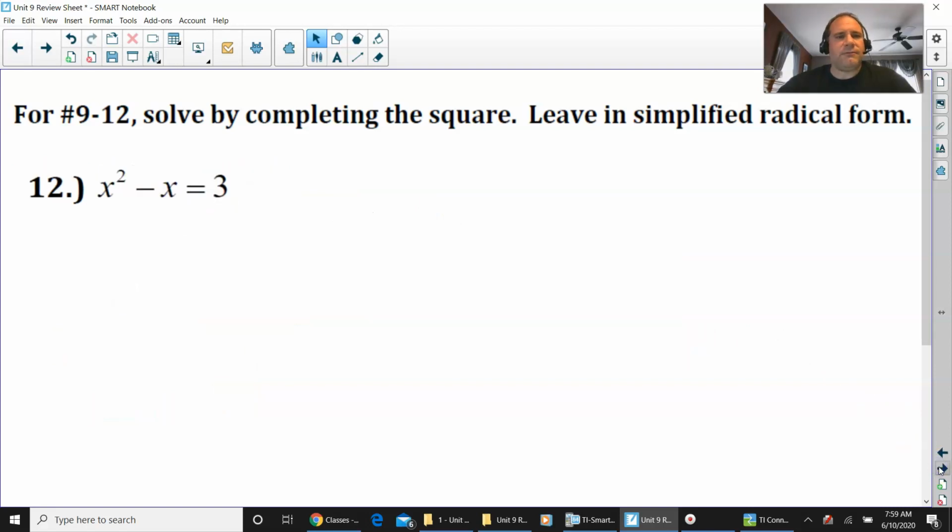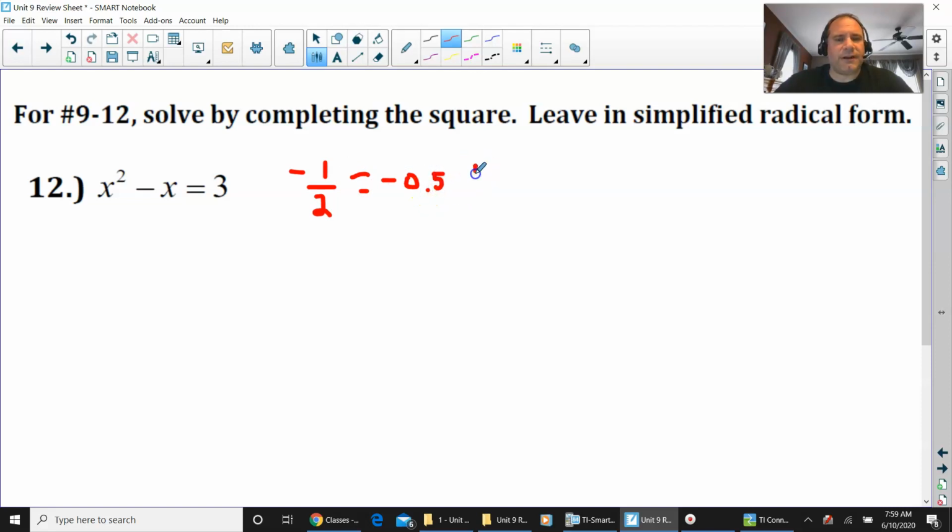And the last one with completing the square is this one, and right now you know that number 12 is pretty much all set up as far as the C being over here. So go ahead, you could just take a look at B and divide it by 2. That is a negative 0.5, because that's negative a half.